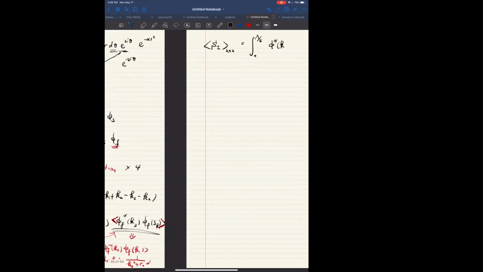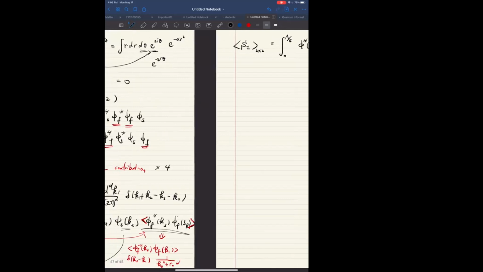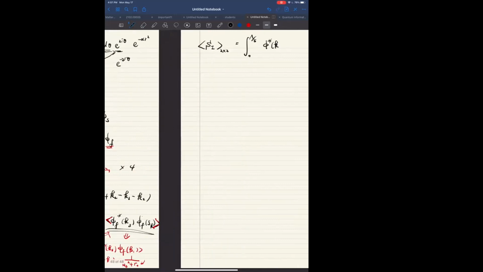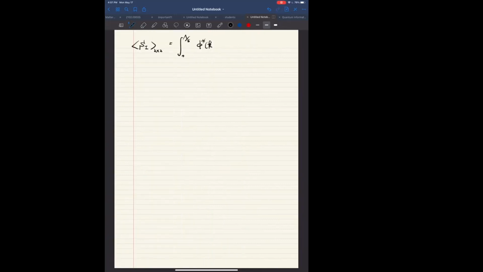So as the result, this term 2 times 2 will equal, after I integrate out the fast field, the remaining part is the slow field. So for the slow field, if K1 and K3 are the same, then K2 and K4 must be the same. So I just kill the 2 and 4 and I replace by the same K here.